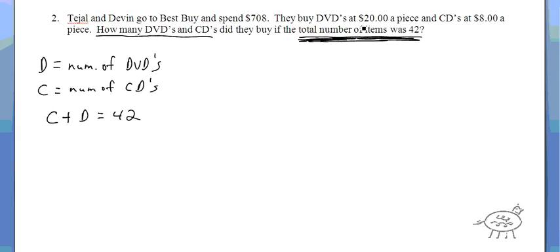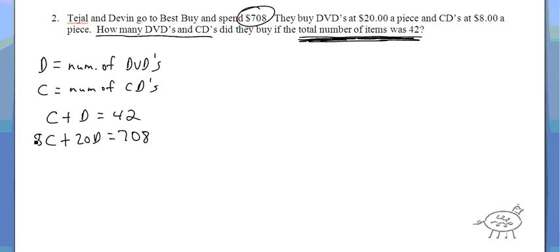It says the DVDs are $20 a piece and the CDs are $8 a piece and they spend a total of $708. So it's 8 times C plus 20 times D is equal to 708. Those are our two equations. So we got 1 point for defining the variables, 1 point for coming up with the equations.